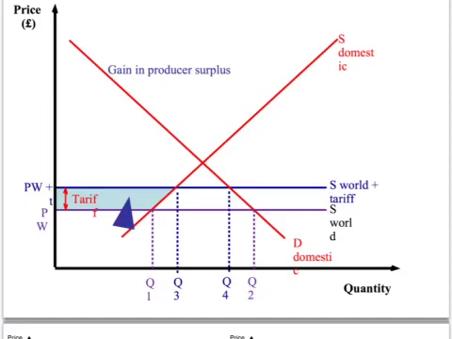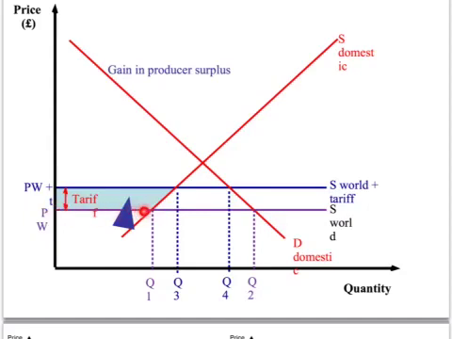Now, UK producers, on the other hand, gain from this. Originally, UK suppliers were only supplying Q1 of the marketplace. However, after the tariff, we can see that they're now supplying Q3 to the market. Producer surplus, the equivalent to consumer surplus, is the difference between the price that producers were willing to sell for and the price that they actually sell for.